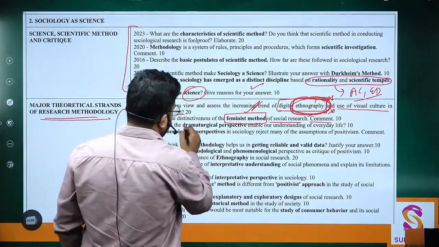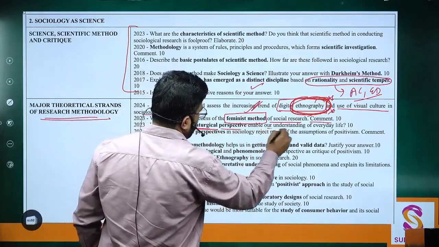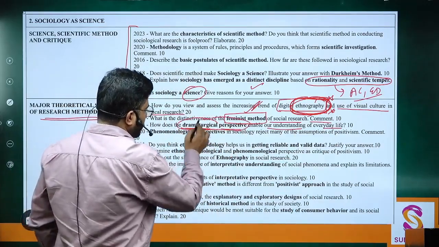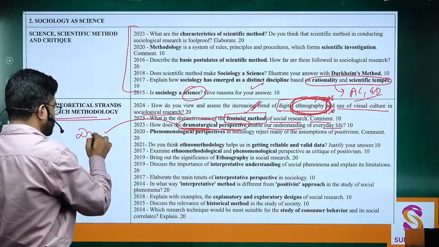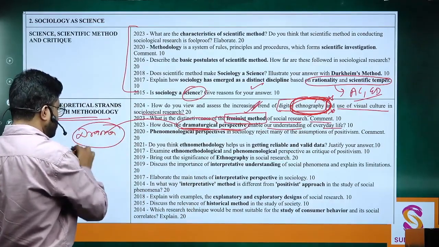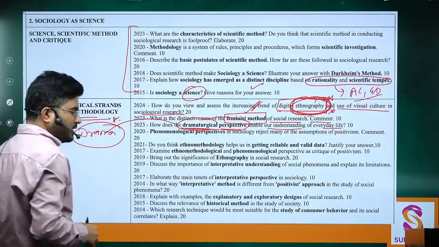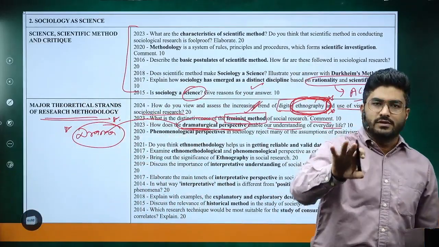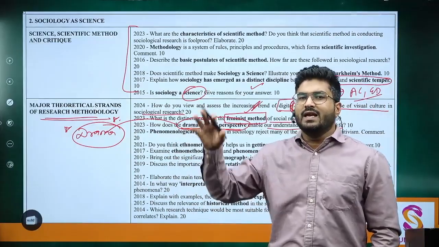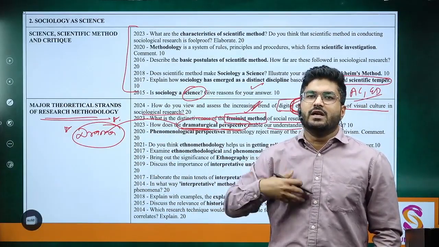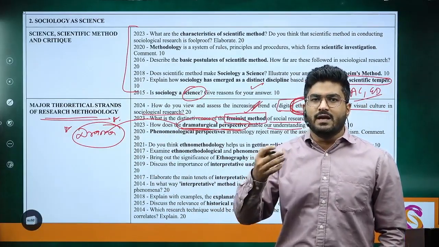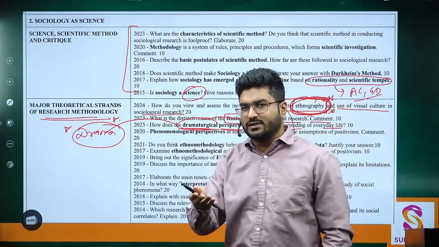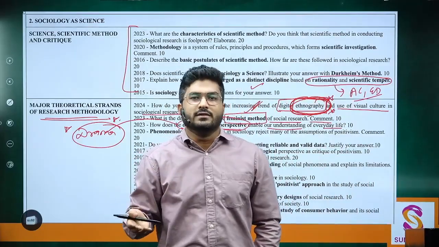How does the dramaturgical perspective enable our understanding of everyday life? This is nothing but the consideration of society as a drama. As in a drama, we see people playing different roles, in our social settings we play different roles. For example, I am teaching you, I am in front of you, or on your screens, and I am behaving differently.